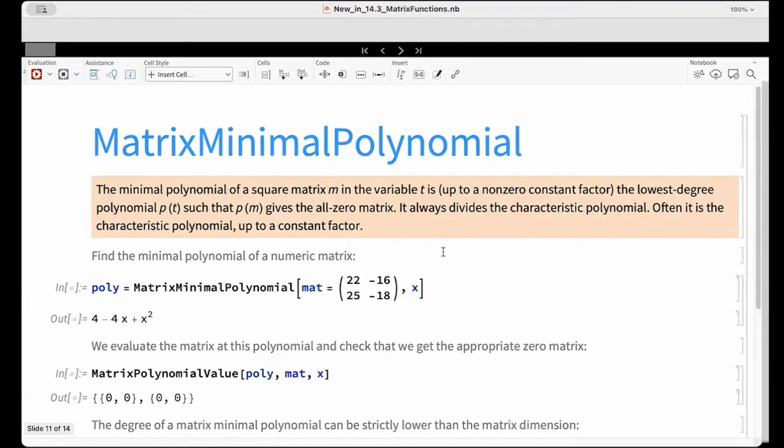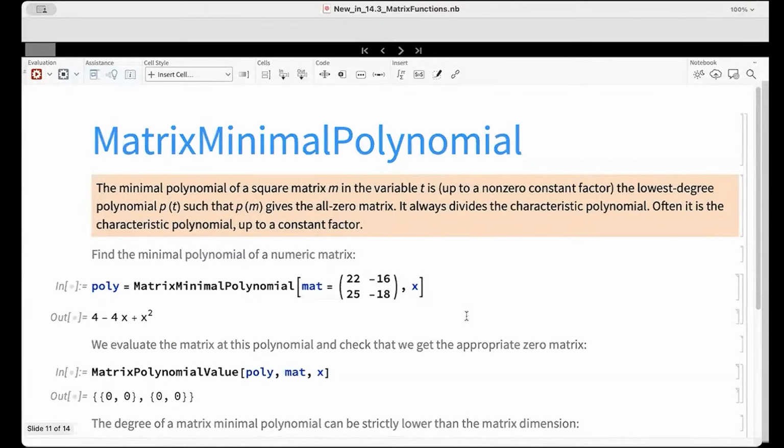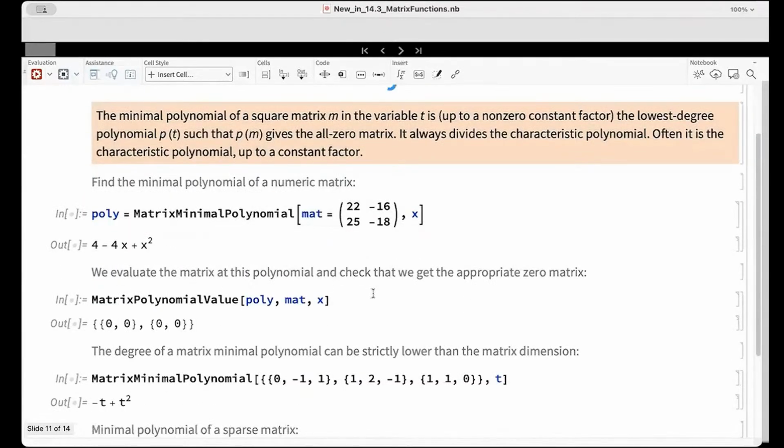But sometimes there's a lower degree polynomial for which that happens. It's a divisor of the characteristic polynomial, and that's the matrix minimal polynomial. Now, sometimes they are equal up to a constant factor, but sometimes one has strictly lower degree.